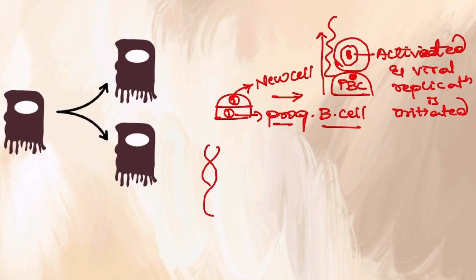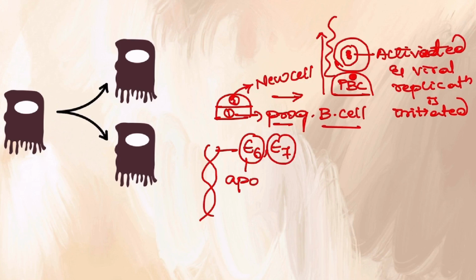Now, viral DNA is having two proteins, E6 and E7. As already discussed, E6 is preventing the apoptosis and E7 is responsible for initiating the cell cycle.